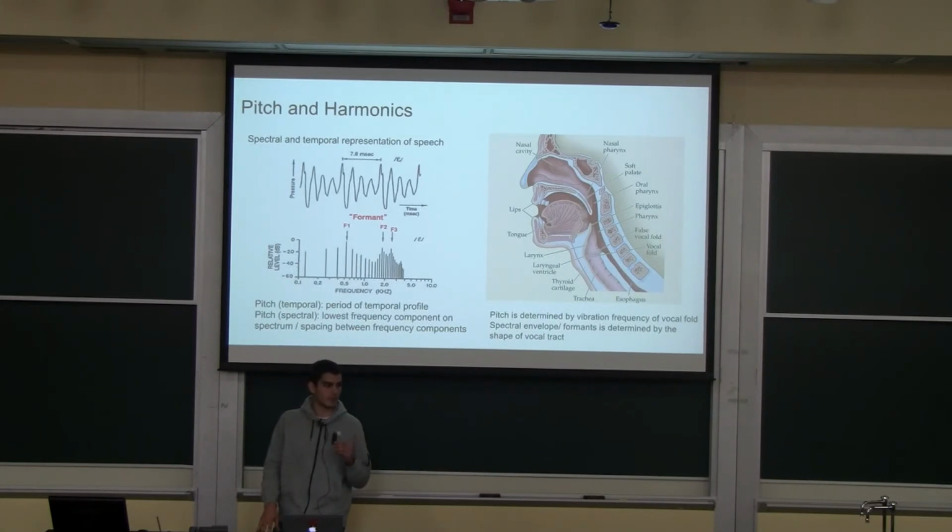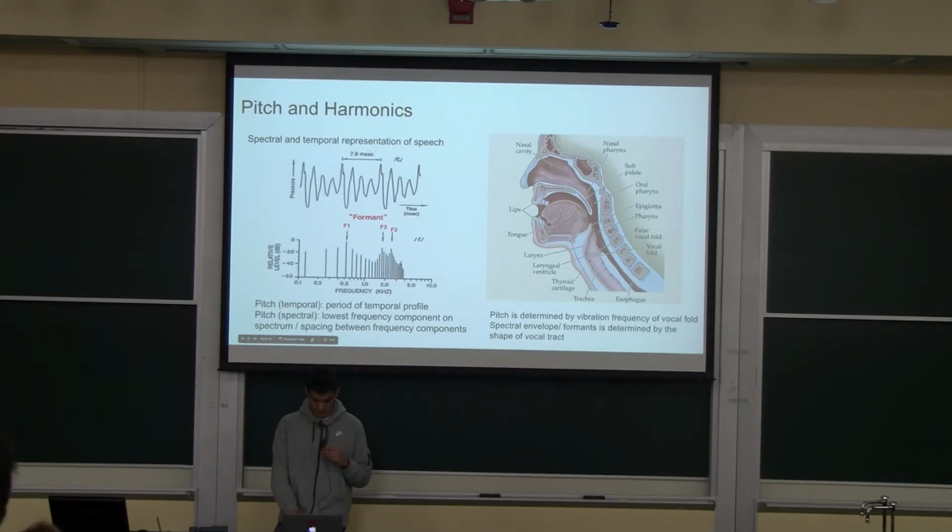Yeah. So the pitch temporal would be in the envelope of the sound wave? I mean, that depends on what frequency that would be. Yeah, but more basic than that, generically, the pitch is the period of the temporal profile, and biologically you determine pitch by the vibration frequency of the vocal folds.